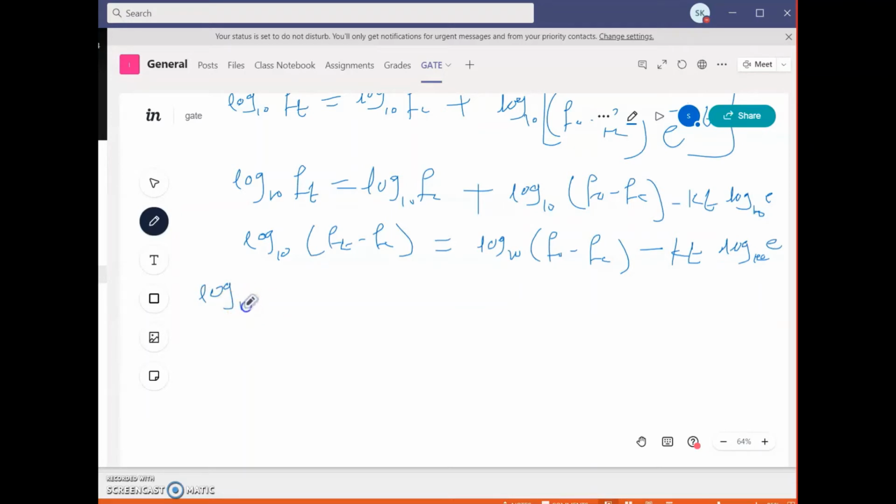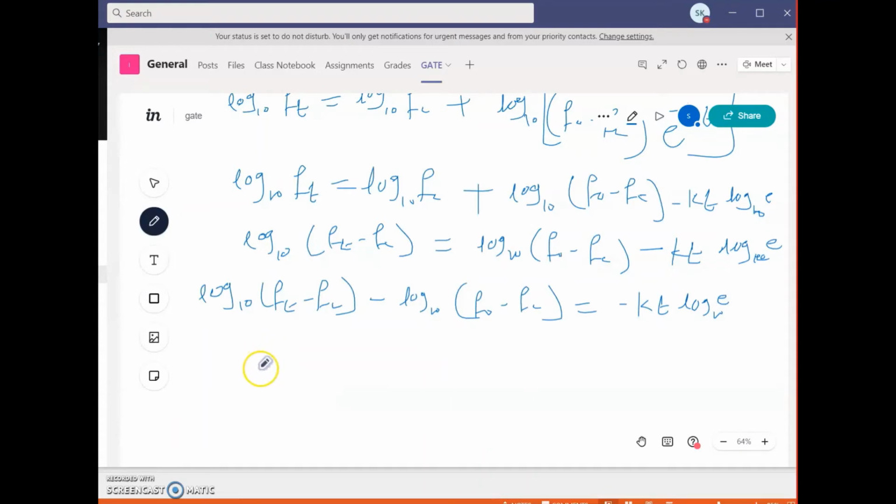So log to the base 10 Ft minus Fc is equal to, minus log to the base 10, this particular term we are going to take this side, so we'll get F naught minus Fc is equal to minus kt log to the base 10 e. Then what would be there in the next step?